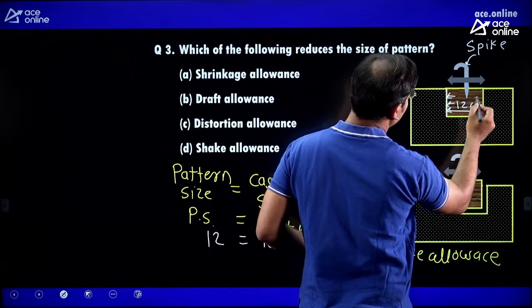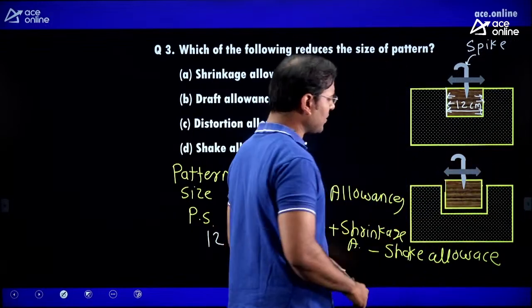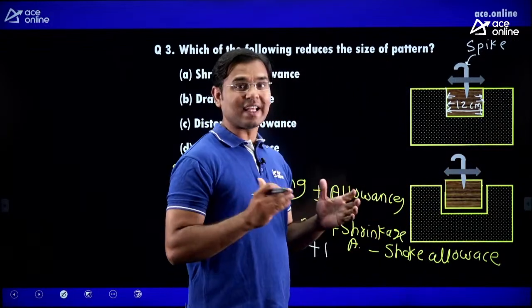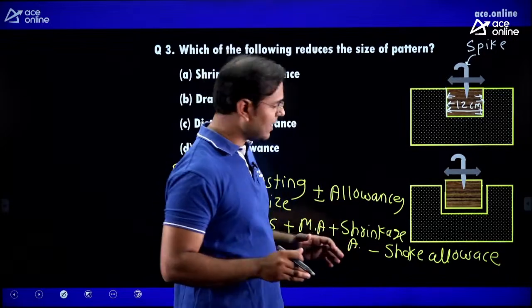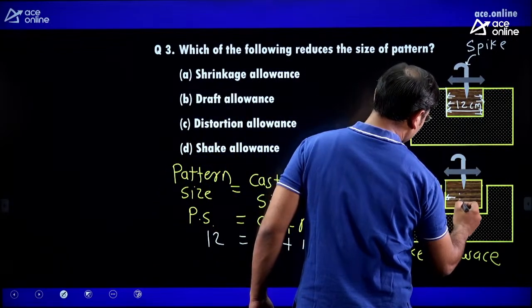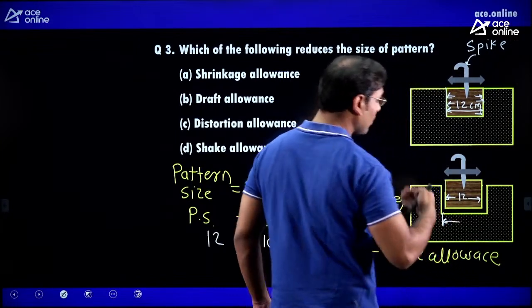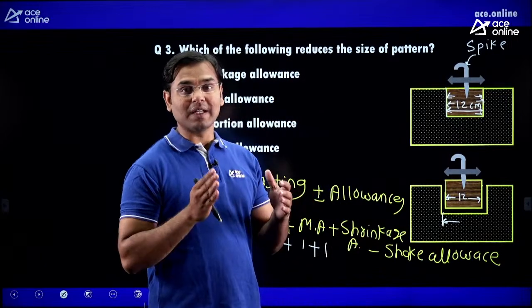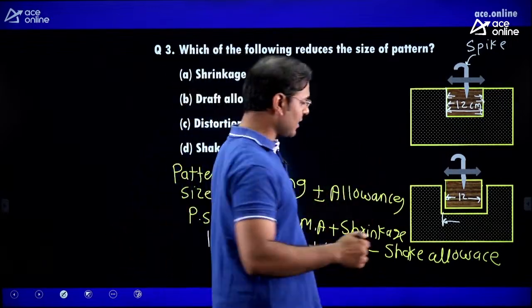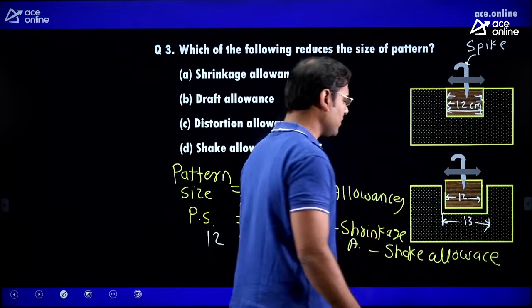Because of that, the size of the mold cavity is going to increase. Just consider the number: the pattern size is 12 centimeter, but because of shaking the size of the casting cavity is increased and is now 13.